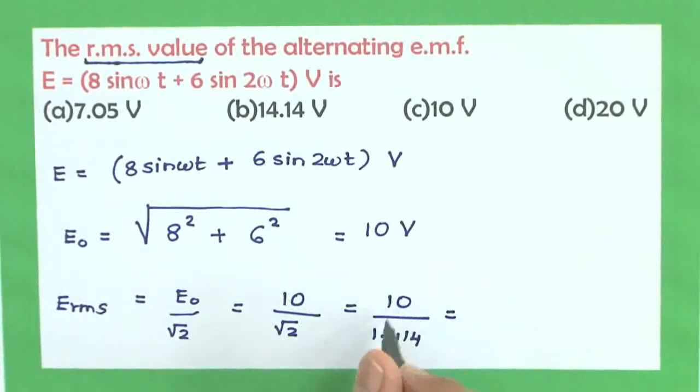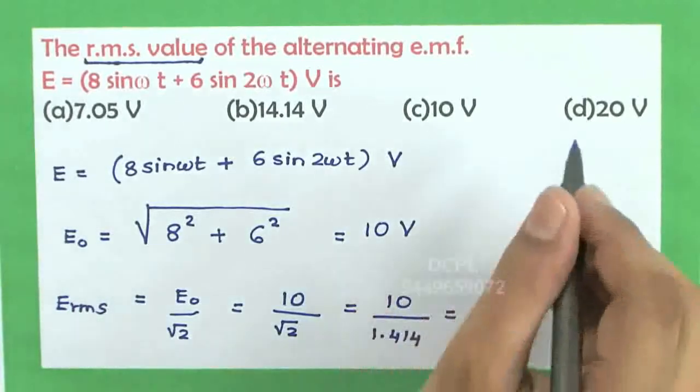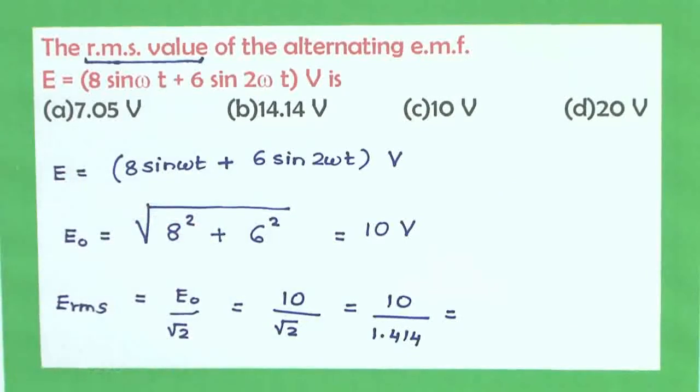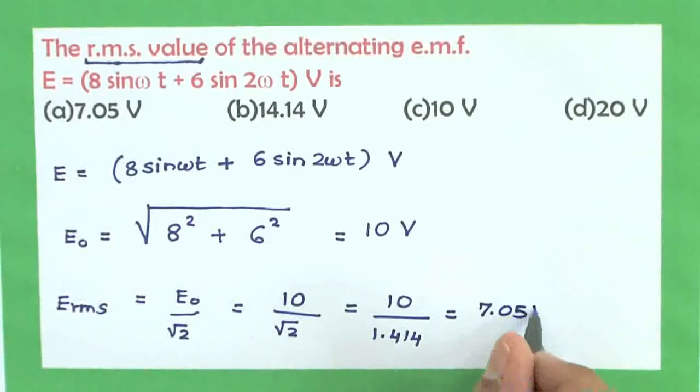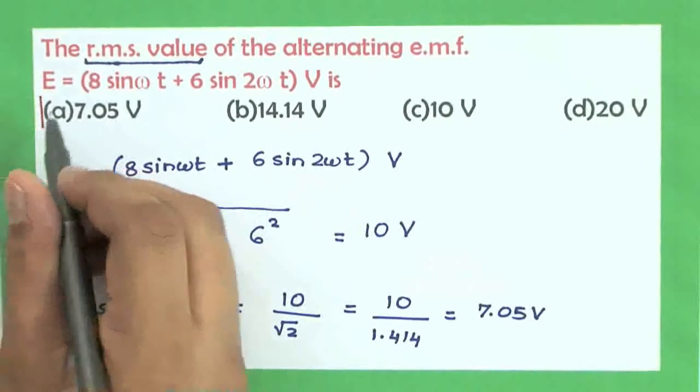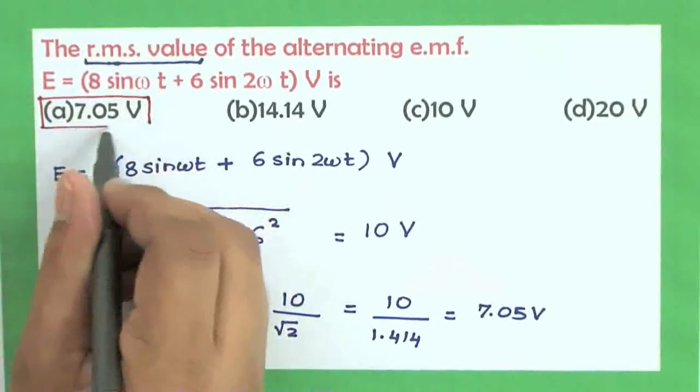So the value is going to be less than 10. The only value which is less than 10 is 7.05 volts. So 7.05 volts is going to be the right answer, which is going to be the RMS value of the alternating current. So the right answer for this question is the very first option.